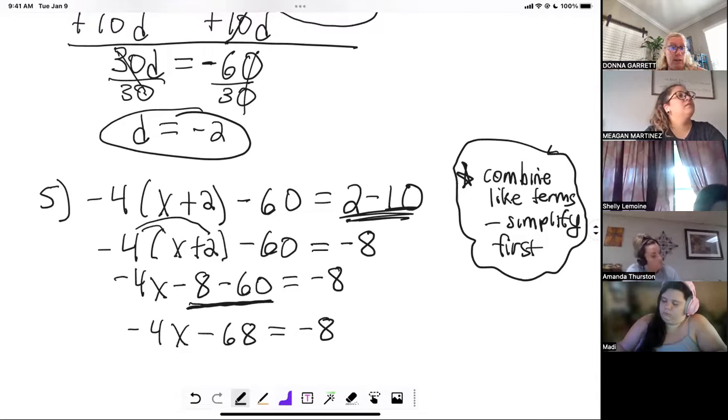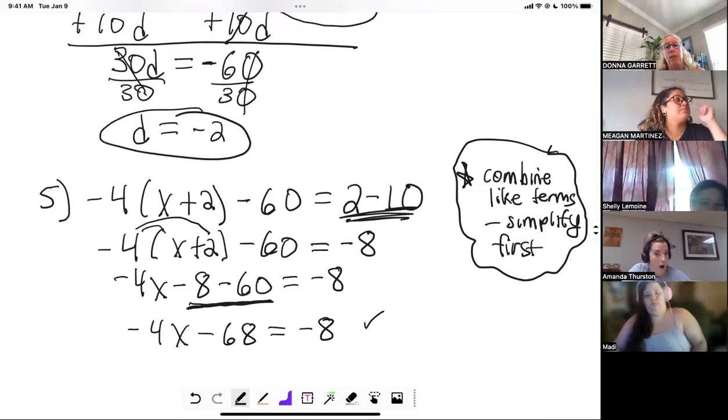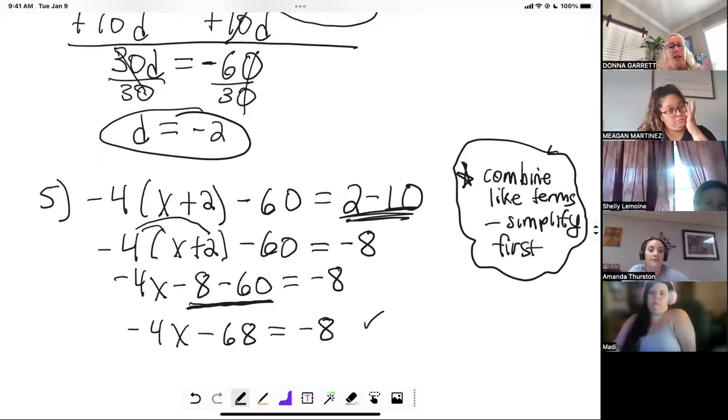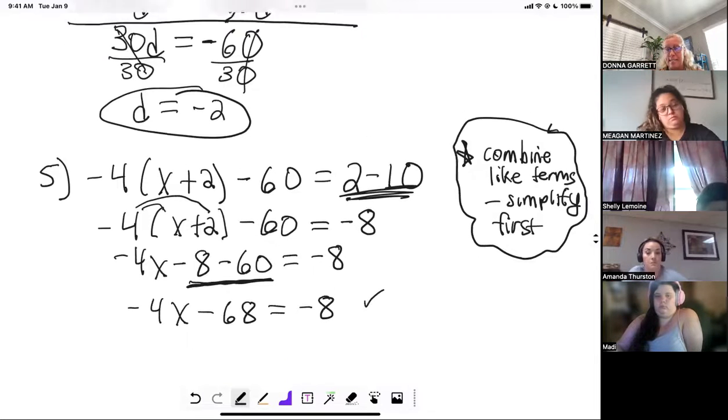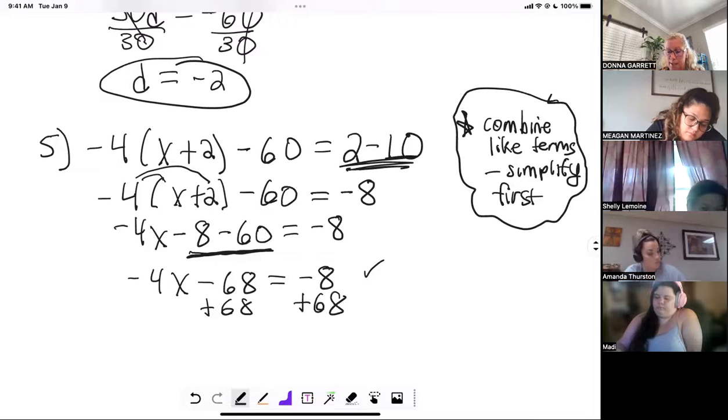Okay, before I move on, any questions on that? We haven't done one where we had to combine like terms first. Because now we're looking at a problem that we've done. We got an X, we got numbers, we got to put them together. We want X on one side and our numbers on the other side. So since I don't have any other X, I just have -4x, I'm going to add 68 to the other side because I want X on one side and all my numbers on the other side of the equal sign.